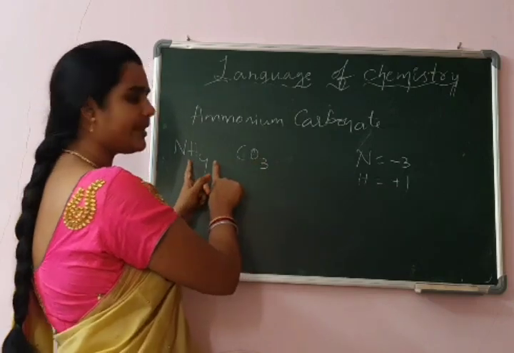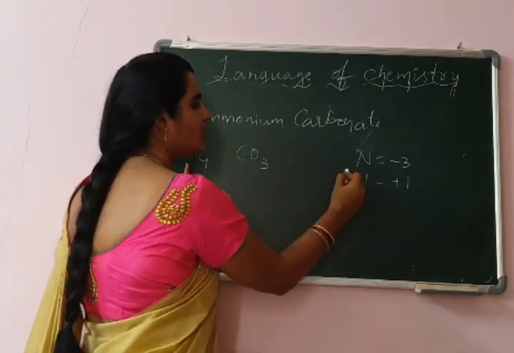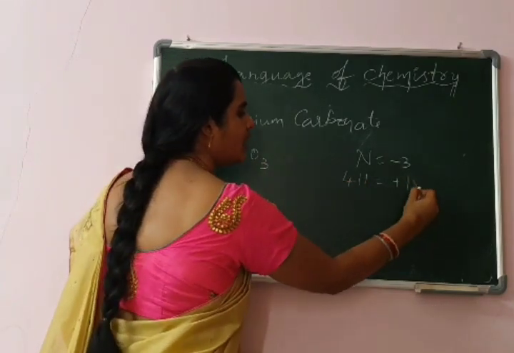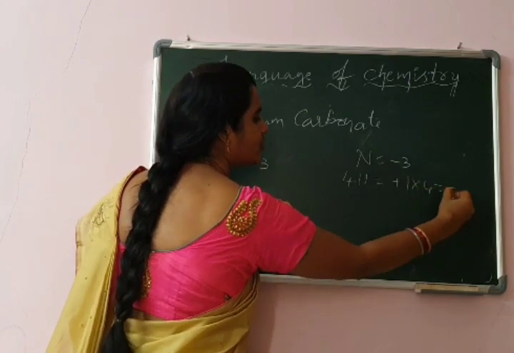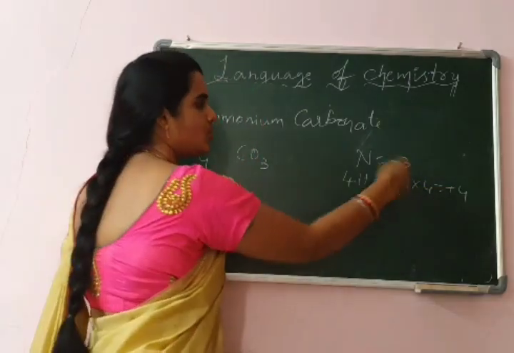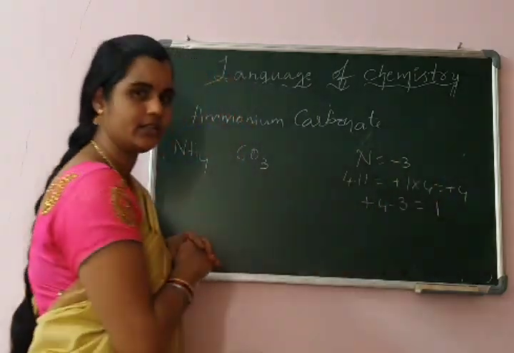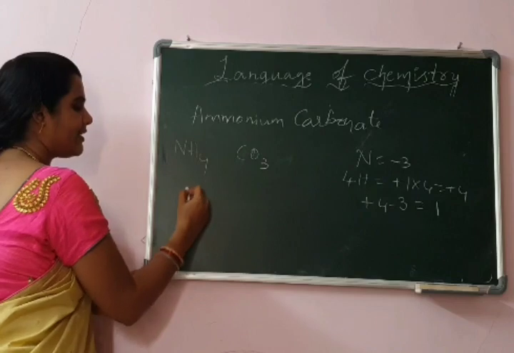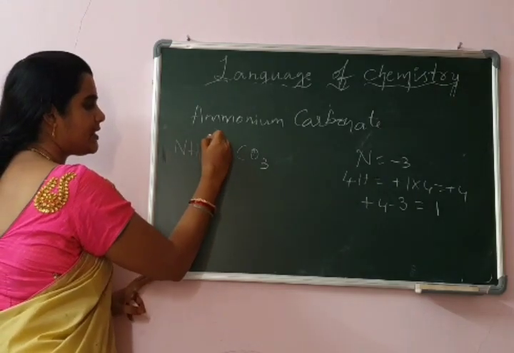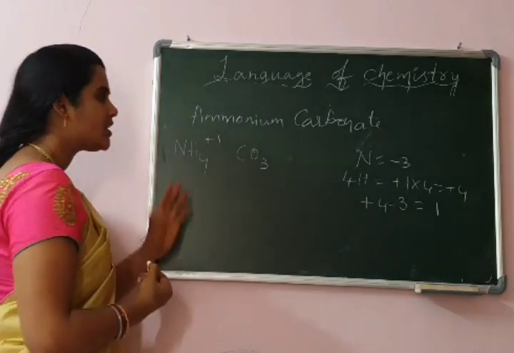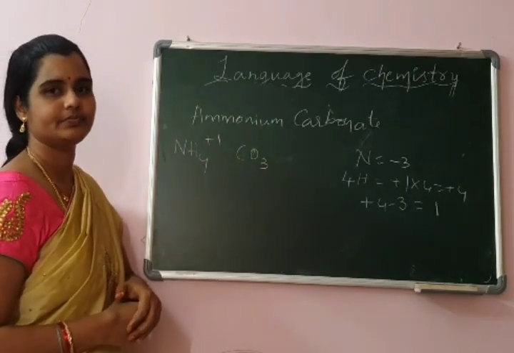How many hydrogens are there? 4 hydrogens are there. So 4 hydrogens means +1 into 4, that is equal to +4. So +4 -3, that will be equal to +1. So what is the valency of ammonium here? It is +1.